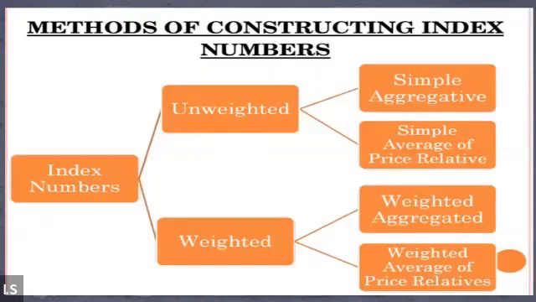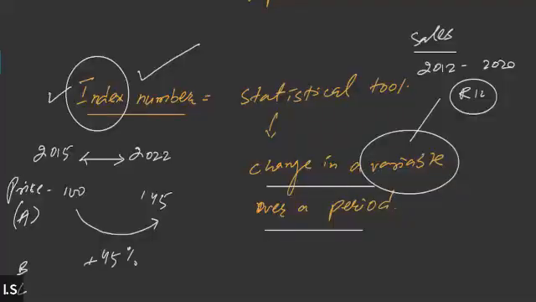Now, how is index number calculated and what is the method by which index number can be constructed? Let's talk about that. Just a minute, let me explain this in detail. Let's take an example to understand the index number. There are two items, A and B, and their prices are given.